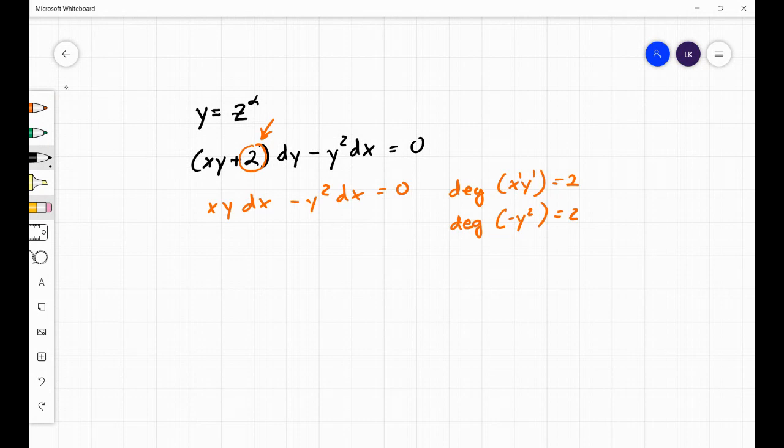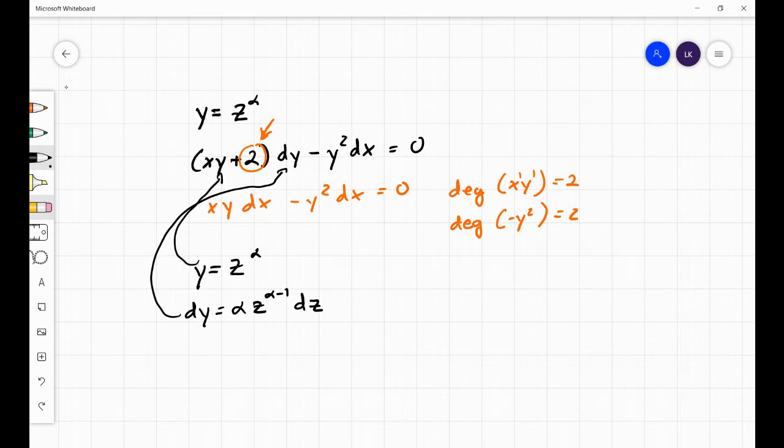We know that if y is equal to z to the alpha, the differential dy would be the derivative here times dz. And then we just do a direct substitution for dy and for y.